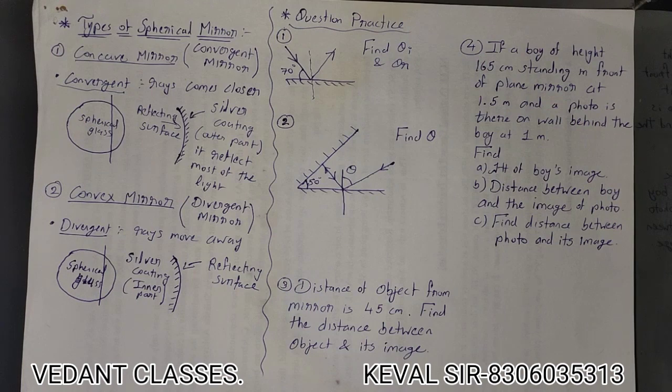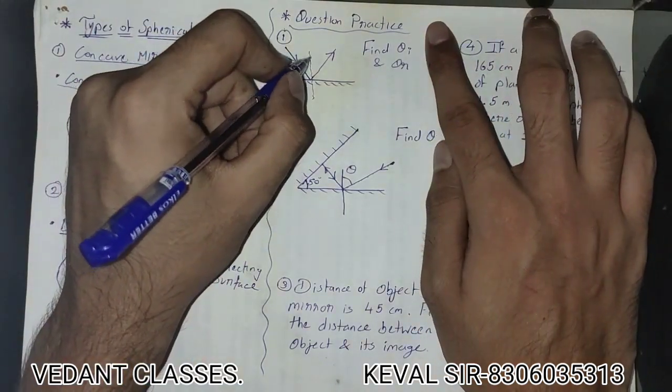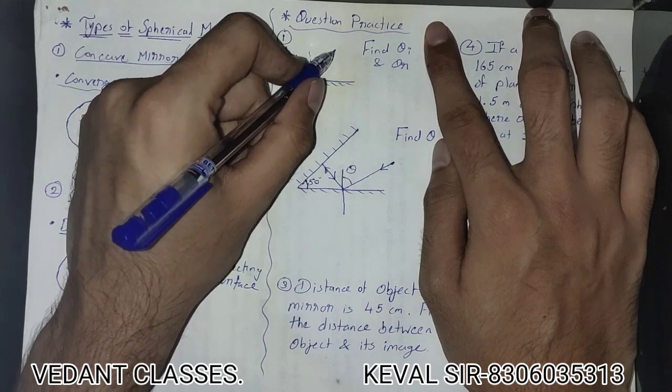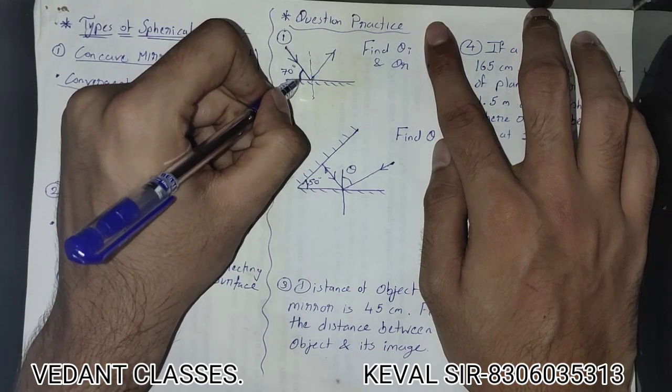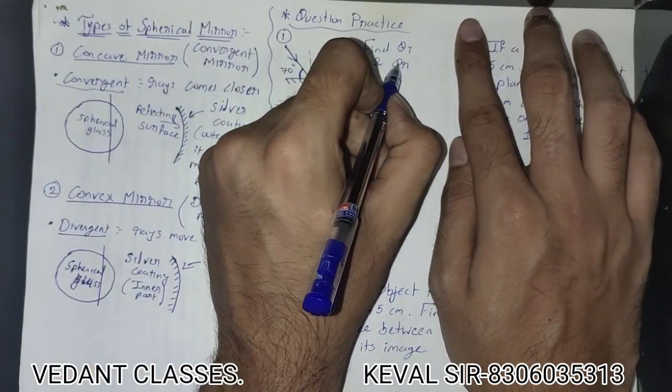Now let's solve various questions based on laws of reflection and plane mirror. It will help you to boost your concept. Let's solve the first question. In the first question a figure is given like this. This is our incident ray, this is our reflected ray, and the angle of incidence is given as 70. We need to find theta i and theta r.